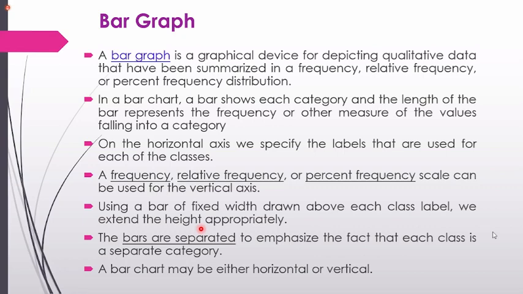The height should be with an appropriate scale, because based on the height or the length, we can get the idea about what is the frequency, relative frequency or percentage frequency.